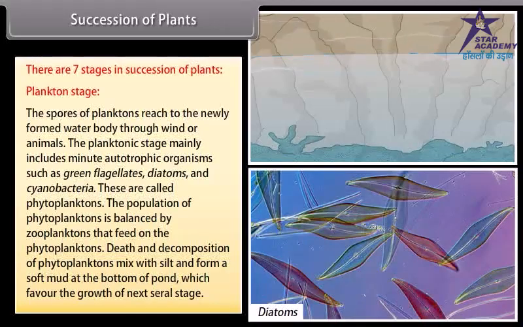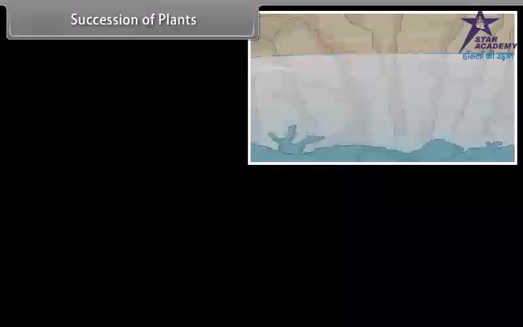These are called phytoplanktons. The population of phytoplanktons is balanced by zooplanktons that feed on the phytoplanktons. Death and decomposition of phytoplanktons mix with silt and form a soft mud at the bottom of the pond, which favors the growth of the next seral stage.